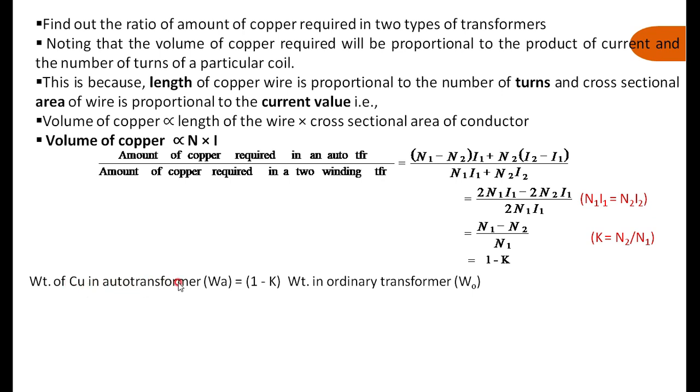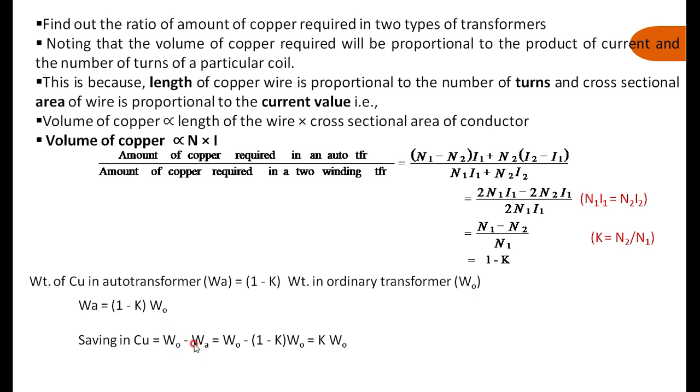Therefore, the weight of copper in the auto transformer, which I am representing by WA, is 1 minus K times the weight in the ordinary transformer, W0. I am writing in the equation WA equals 1 minus K times W0.